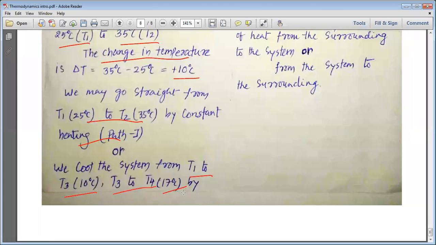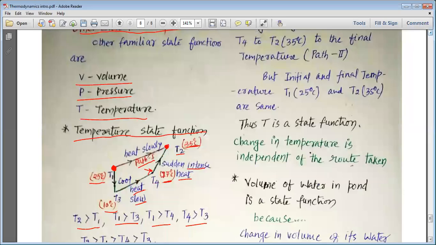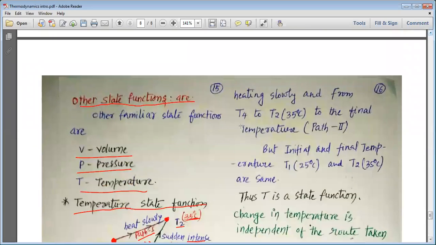T3 to T4, we go by heating slowly up to 17 degrees centigrade. And from T4 to T2, that is up to 35 degrees centigrade, the final temperature is reached by strong heating. This is your path 2.